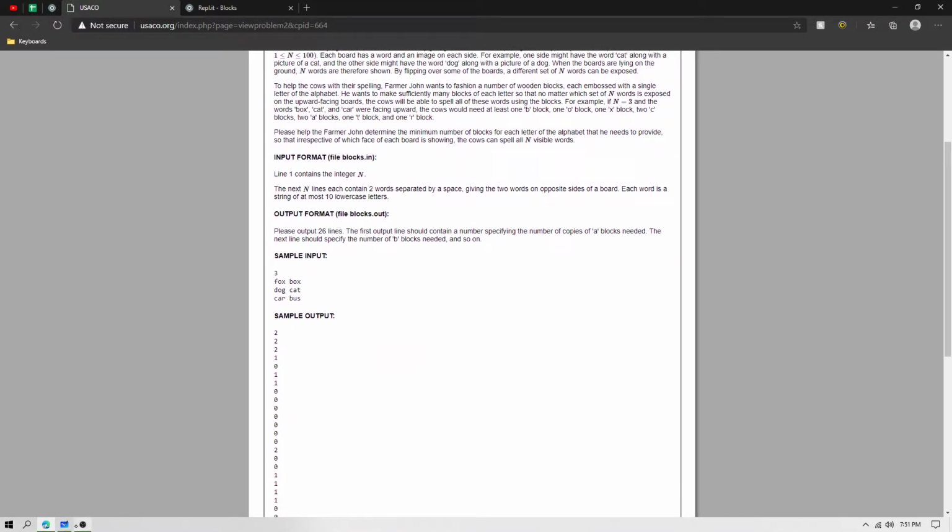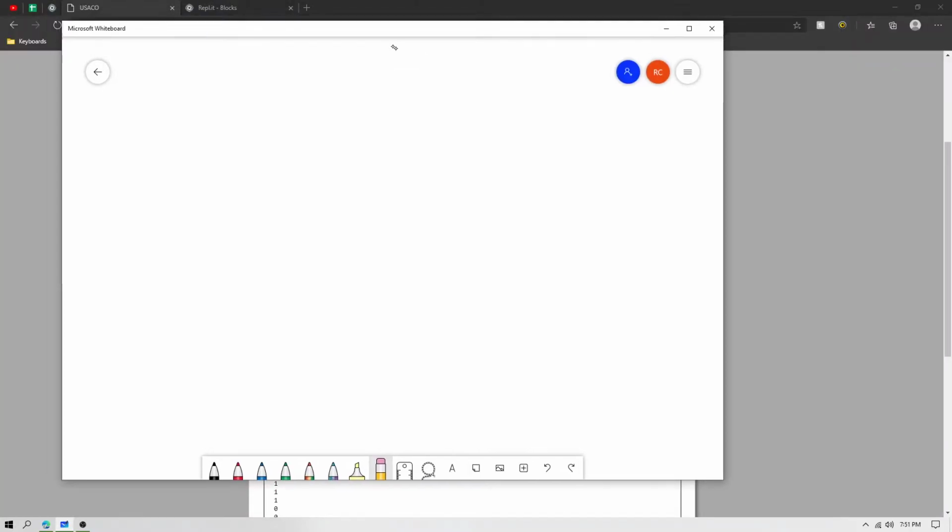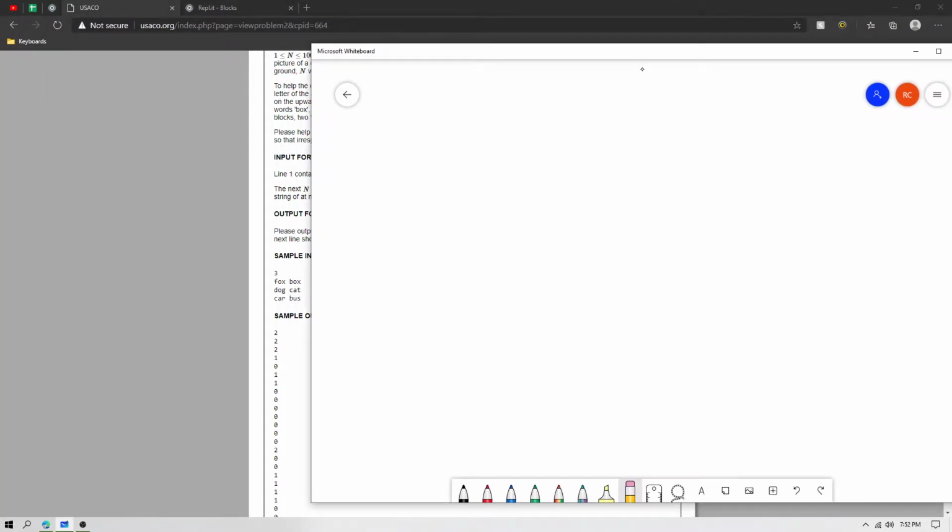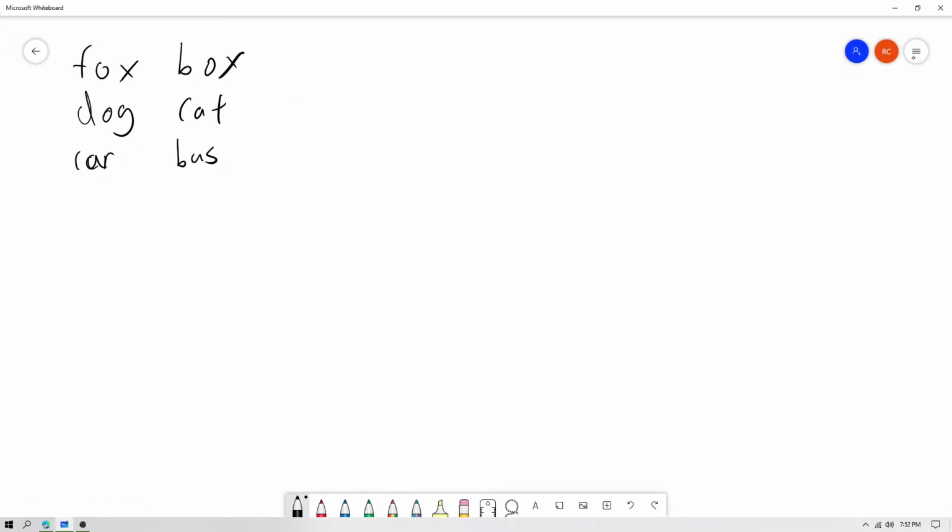So we have our blocks: fox, box, dog, cat, car, bus. Let's look at this first block right here.